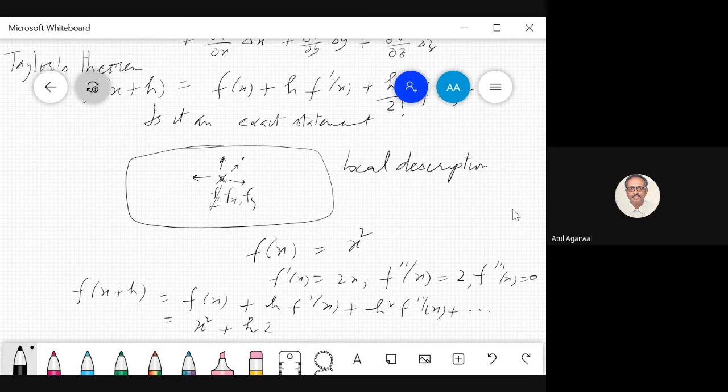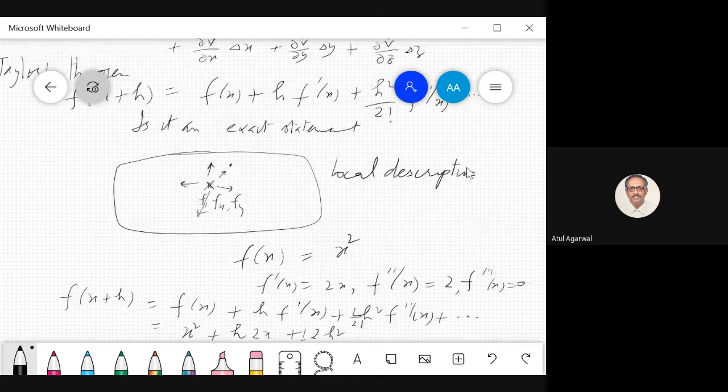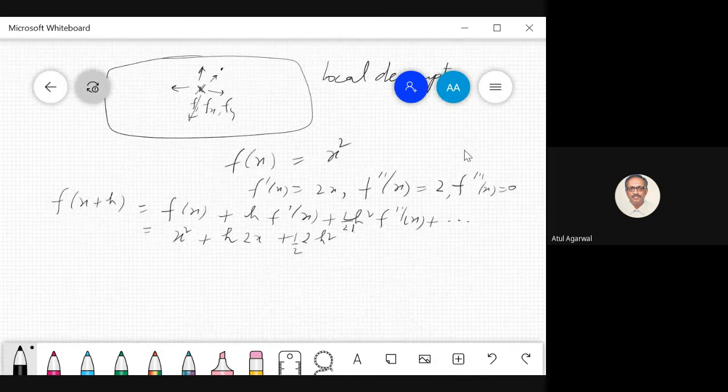First derivative is 2x. Second derivative is 2. All the other derivatives are 0. So there is also a factor of 1 by 2 factorial. So this is equal to, if you had put the whole value, you would have got x plus h whole square.